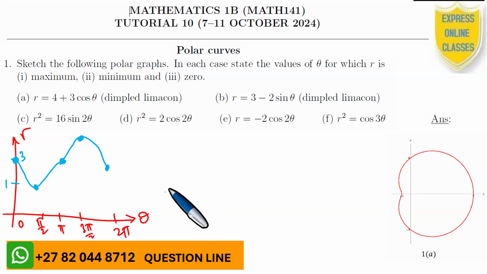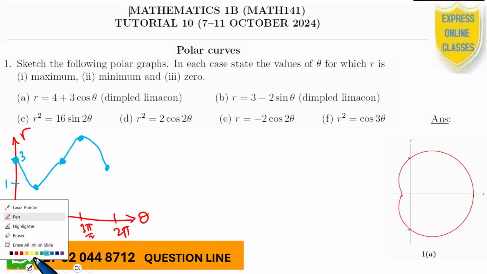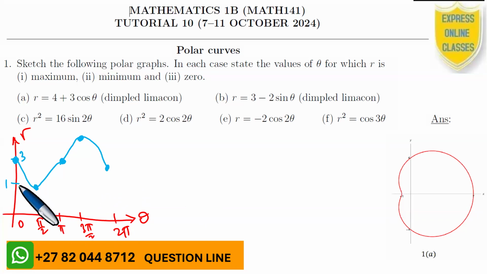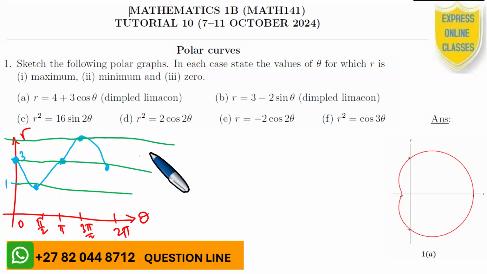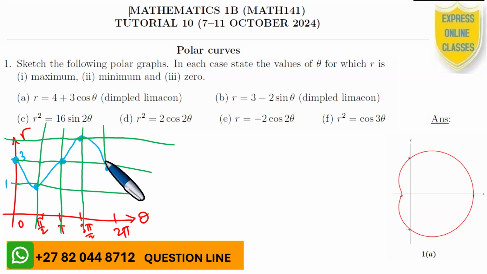And then this is sort of the graph you're having. So you have this, pi over 2, pi, 3 pi over 2, 2 pi.